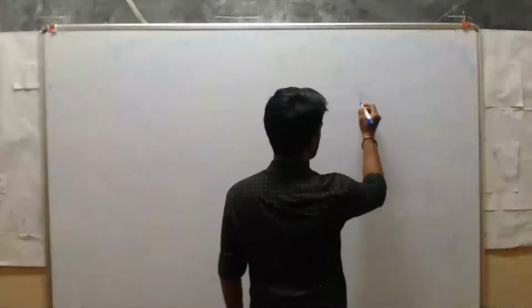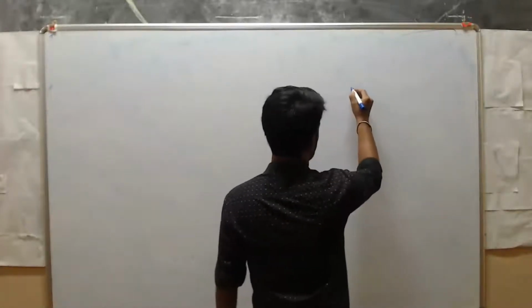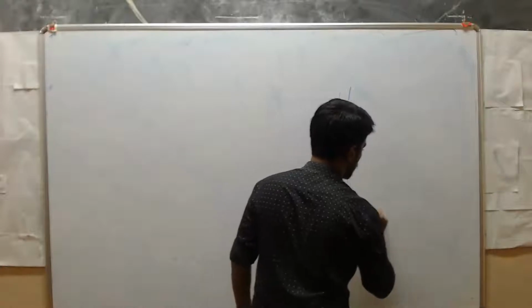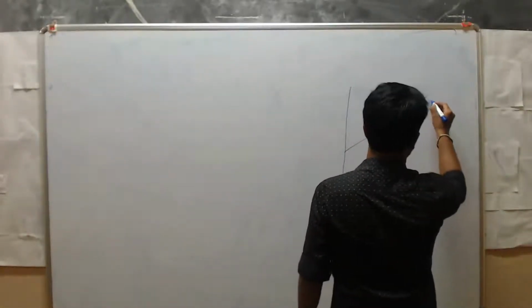Later we will discuss problems. First, draw this graph. So we are proving the equations of motion using the velocity time graph. Clear?